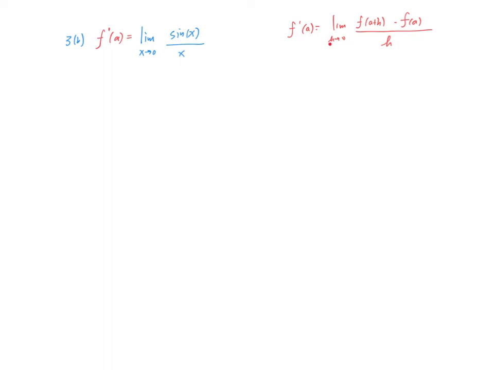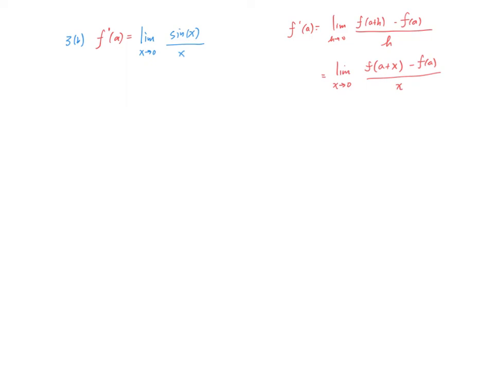So we could certainly change this h into an x. So I really could think of this as being the limit as x approaches 0 of f of a plus x minus f of a over x.